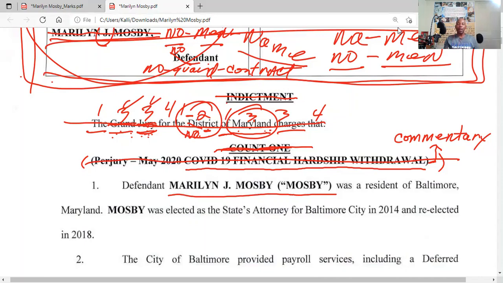So as we continue, here I want to point out something that's very important. It goes to the heart of this document, because this formulation of words is not Marilyn Mosby's full name, right? This is a problem. She must be sued in her full legal name.